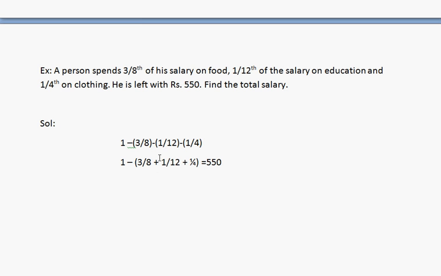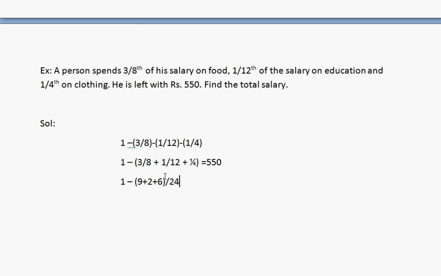So he is left with, we'll take LCM. So LCM would be 8 into 3, 24, right? And then we'll get 1 minus, 9 plus 2 plus 6, this whole divided by 24. This is the thing which he is left with.